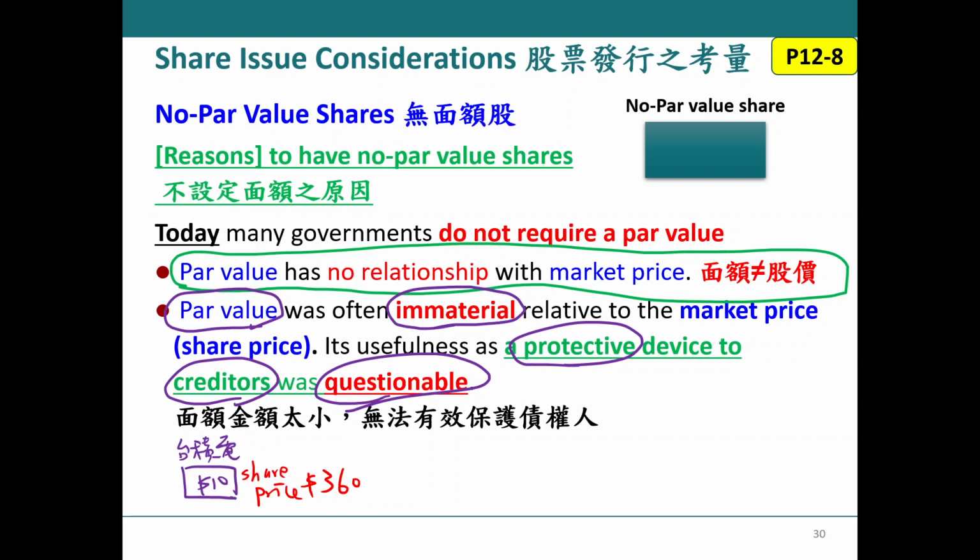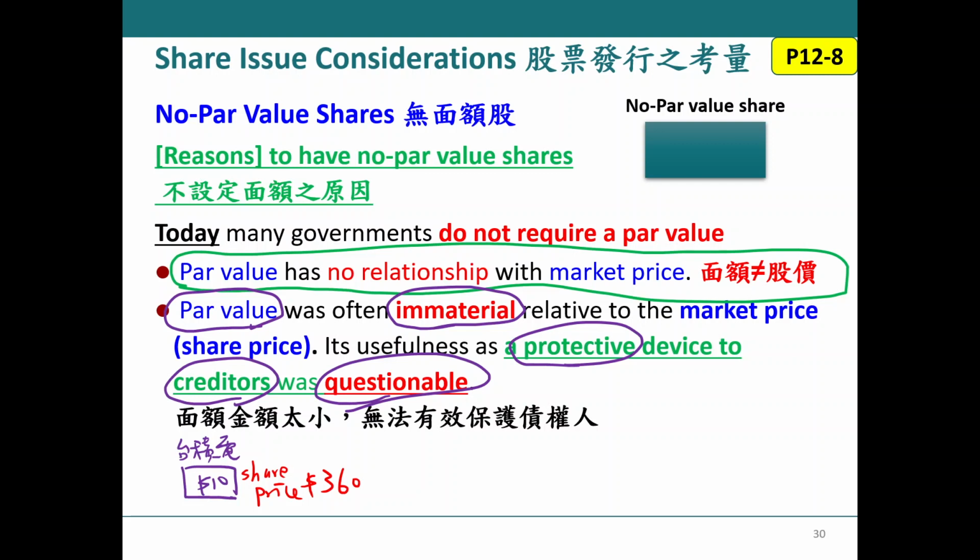When you want to use it to determine legal capital to protect creditors, the number is too small. So could we protect creditors? Actually, it's quite hard to use $10 to protect creditors because for Taijidian, for big companies, their share price is a big number. Impossible.